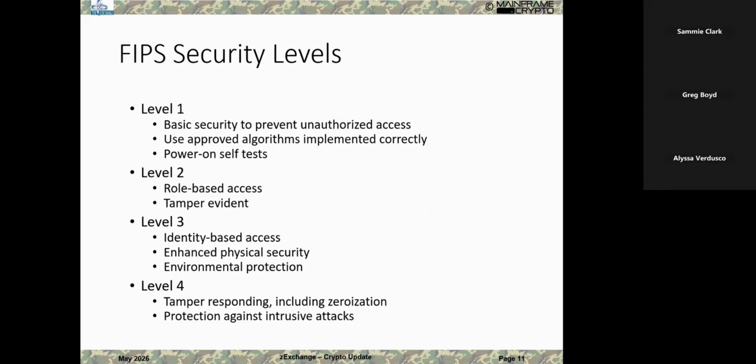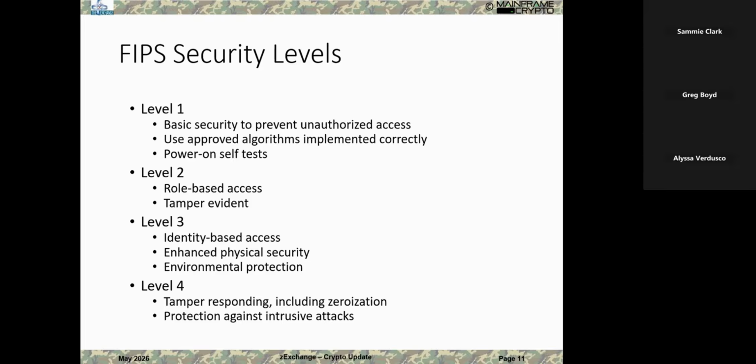It's not beta code. It is a formal product that fits within the architecture of whatever system you're running it on. It has to use FIPS approved algorithms. So going back to the MLDSA and MLKEM, to be FIPS 140-3 approved, you have to be using some of those levels.